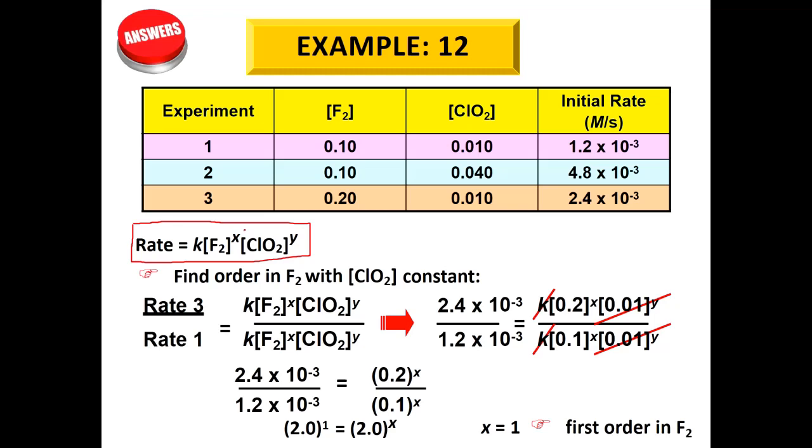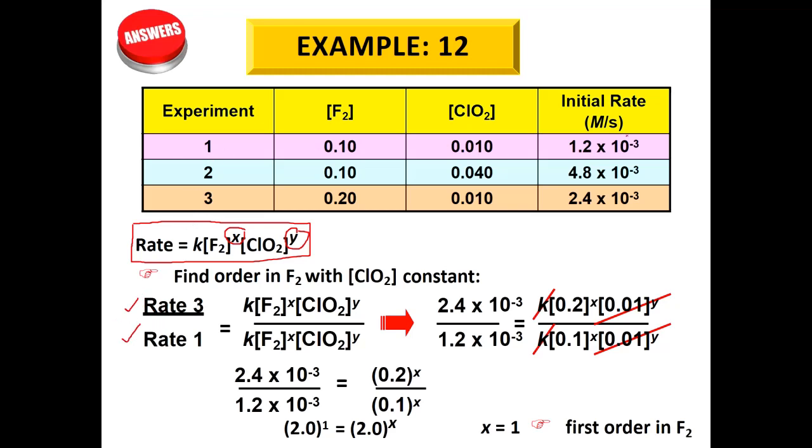So now you have to find out x and also y. Find the order in F2 with ClO2 constant. Why are we using ClO2 constant? Because we want to cancel out the constant value. For example, we choose rate 3 over rate 1.